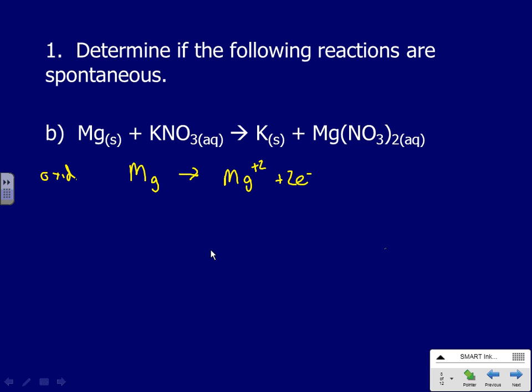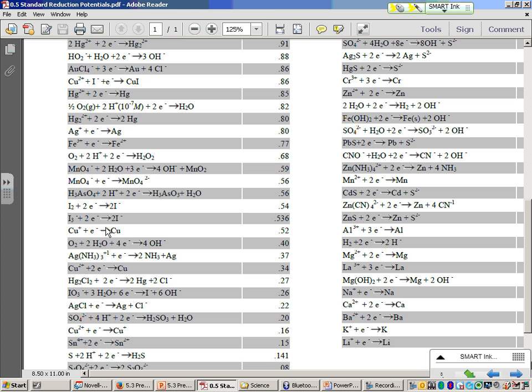Oxidation. And our K plus is becoming K0, and my electron is over there, and that's reduction. The reason I like to do that is with the reduction one, you're looking for it and just using the number. With the oxidation one, you're changing the sign, right? So let's go hunting for some ions here.